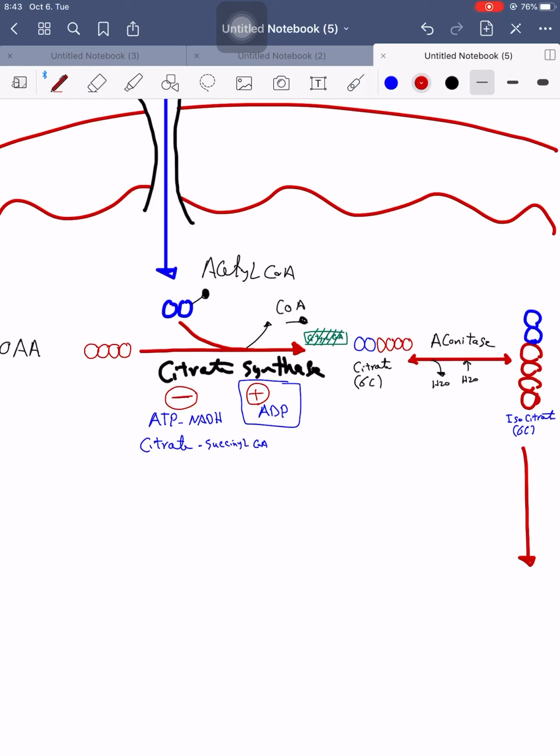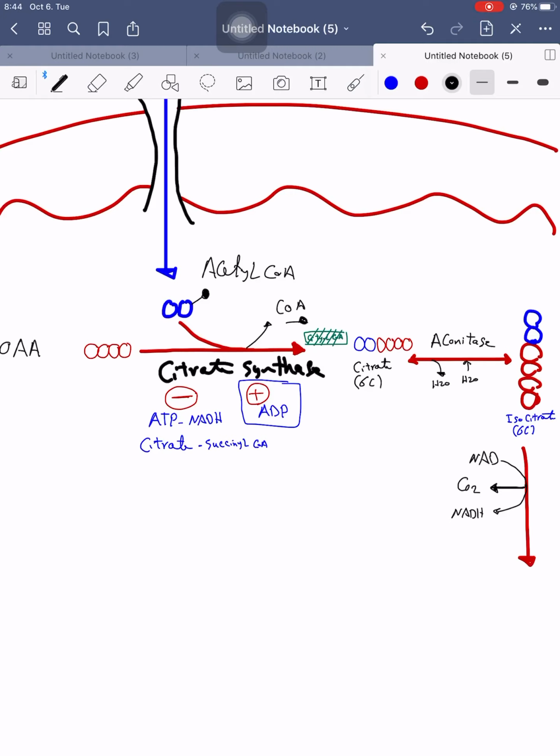Coenzyme. What coenzyme is needed here? NAD. So here NAD will be reduced to NADH. So here is the dehydrogenation. Okay, so what is the other step? I also will bring out CO2. So it is the first CO2 produced in the citric acid cycle.